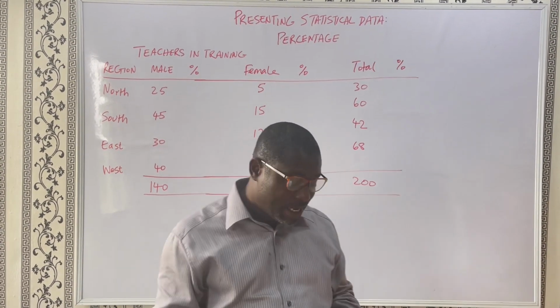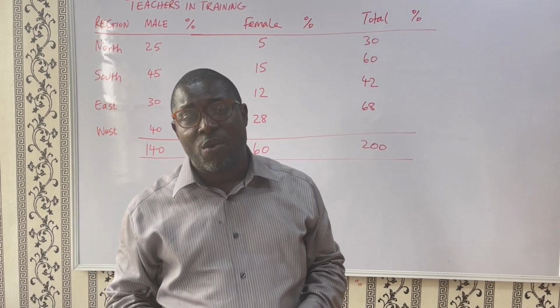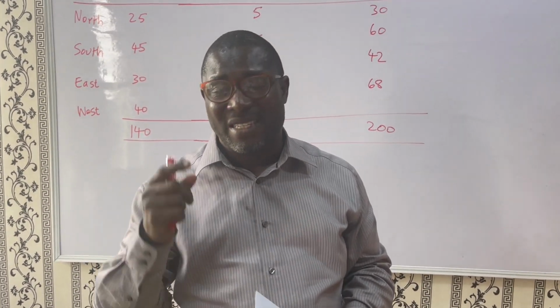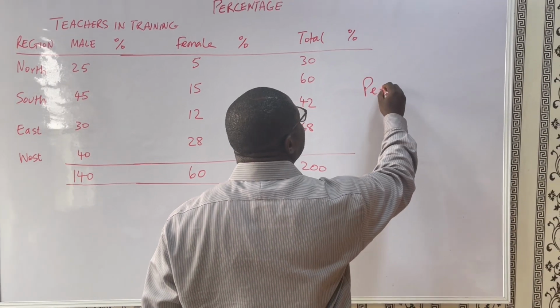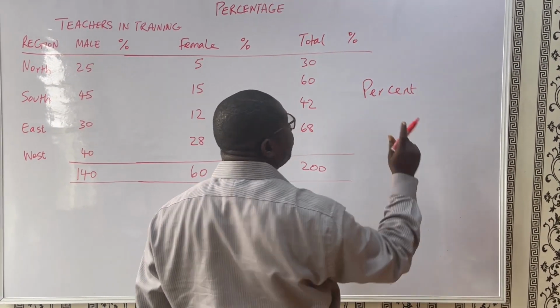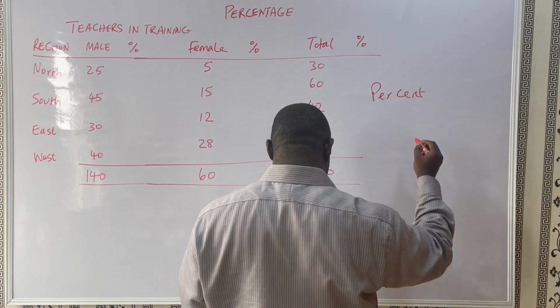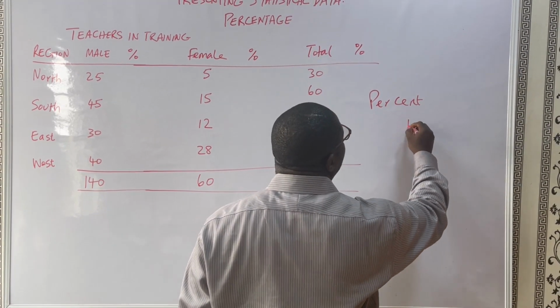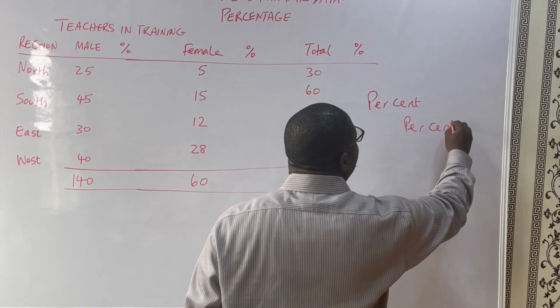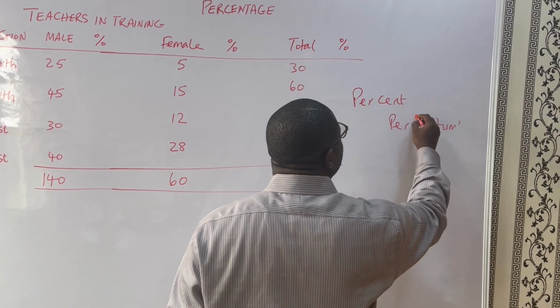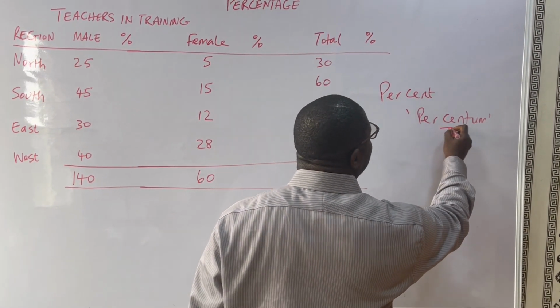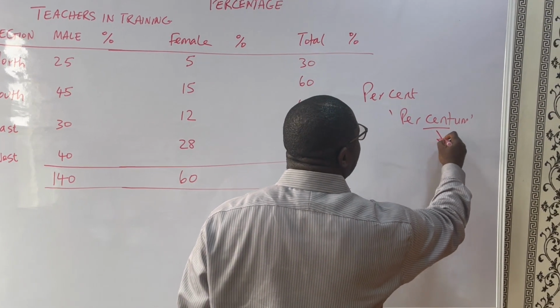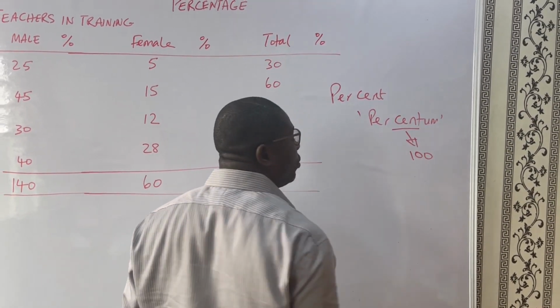But before then, I'd like to explain that when we talk about percentage, the word percent is from the Latin word percentum, and the cent there is derived from 100.